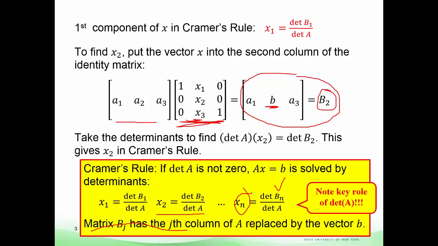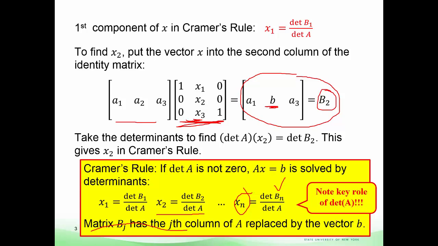Another cool thing about this, where it may actually be useful, is suppose you don't really want to solve for all of these variables. Maybe you've got a circuit, if you're taking your circuits class or have taken it already. We've already mentioned that when you write your KVL and KCL equations, loop equations, mesh equations, or nodal equations, you'll get an n by n system where n is the number of loops, meshes, or nodes.